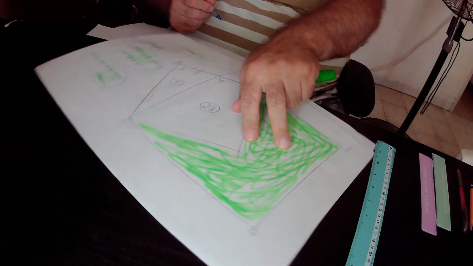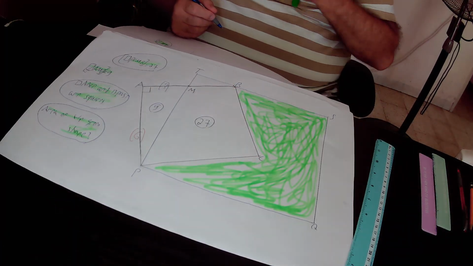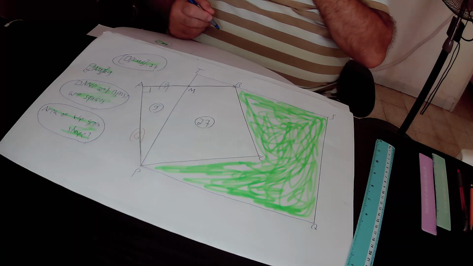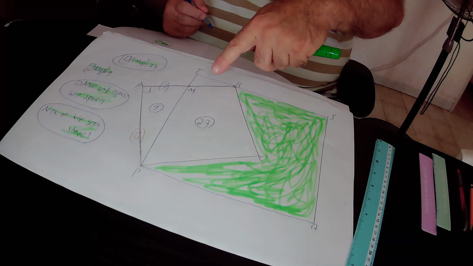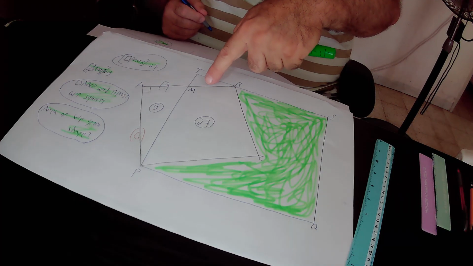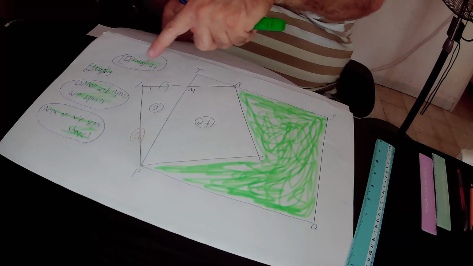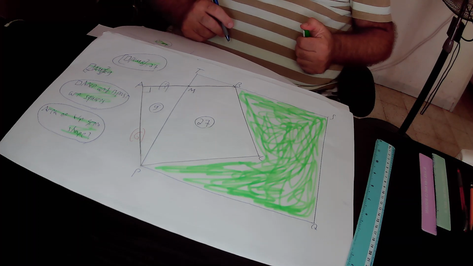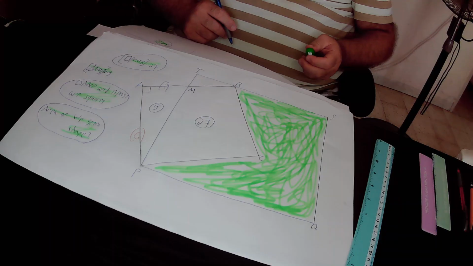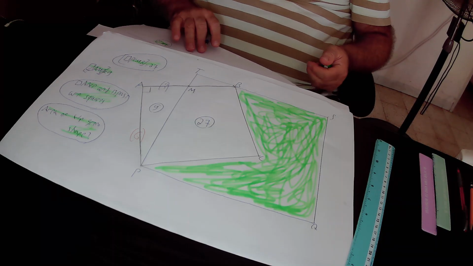So now we will implement the Pythagoras theorem in order to find out the length of the hypotenuse MP of the right triangle AMP. According to the Pythagoras theorem, in any right triangle, the square of the hypotenuse equals the sum of the squares of the perpendicular sides.